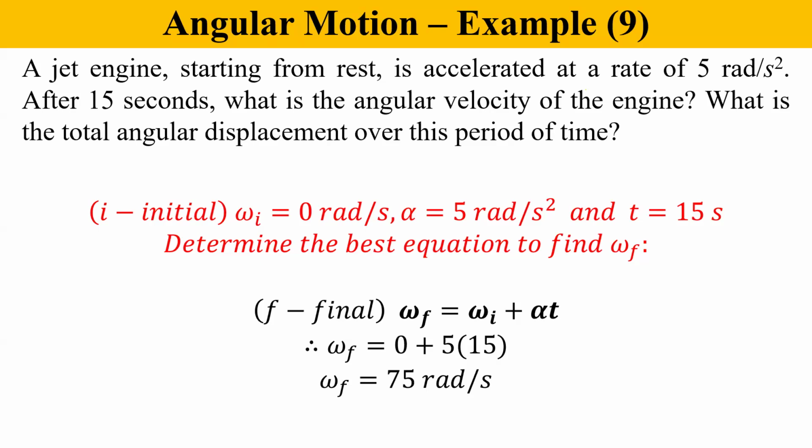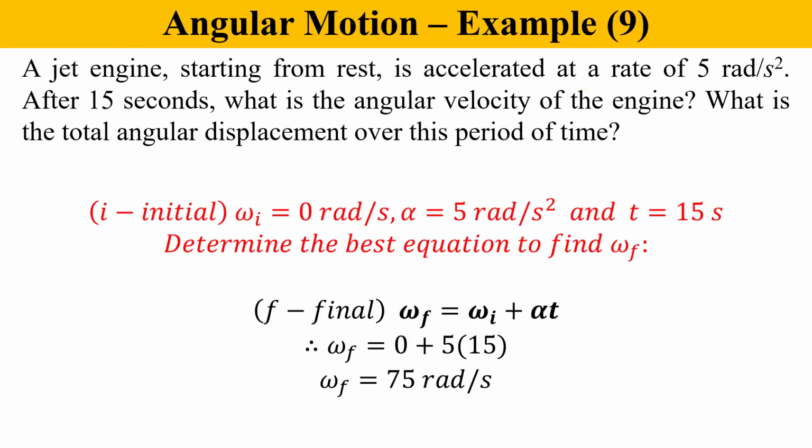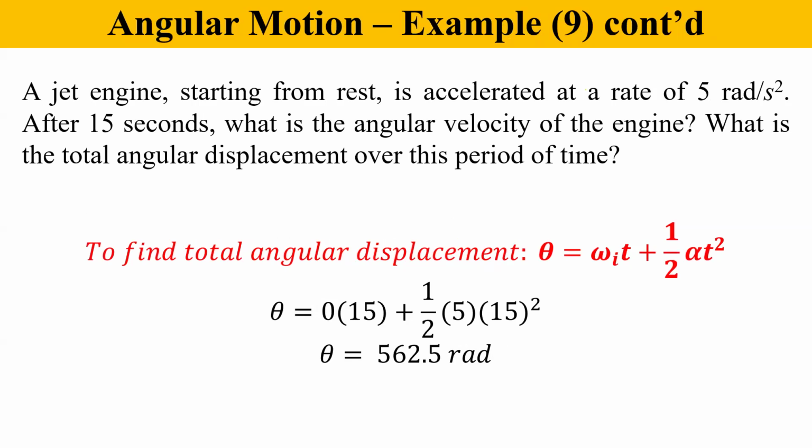You just do the substitution quickly, straightforward. And likewise, now we want the displacement. They ask, what is the total angular displacement? We didn't find that yet. But we have acceleration, we had time, and we just found the final velocity.